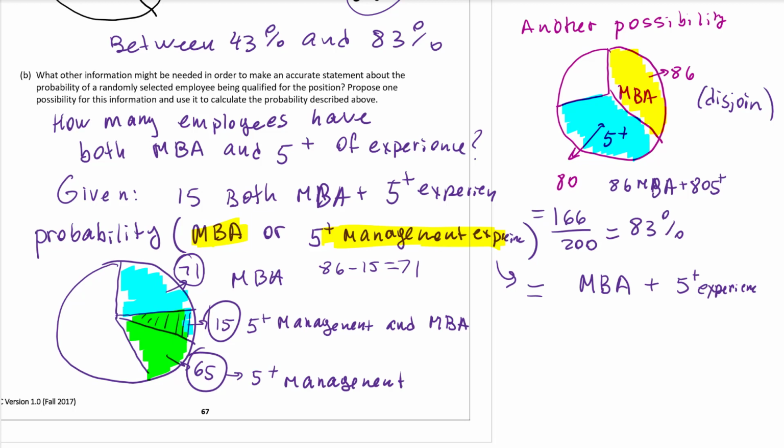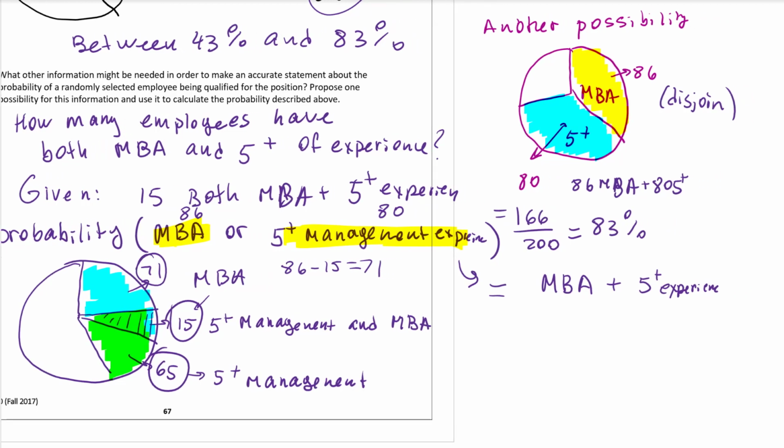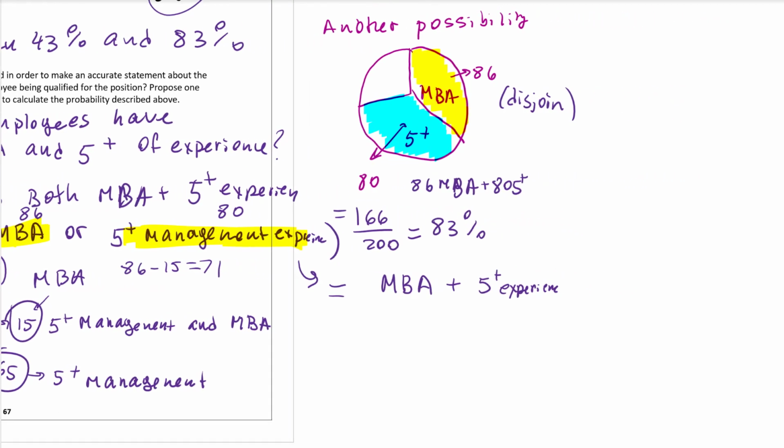But when we're adding those together, this 86 and another 80, we are double counting these 15 people that were counted twice. So what you're going to do is subtract the overlap. And this overlap is the fact that they have both the MBA and a 5-year experience. Then you're going to divide this whole thing by the total.